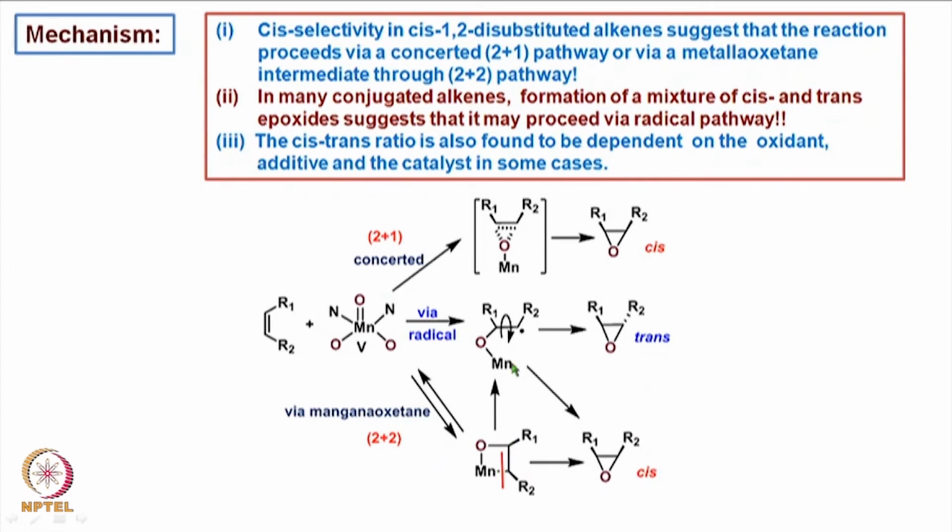On the other hand, it has also been found that in conjugated alkenes, a mixture of cis and trans epoxide is formed, and that suggests the possibility of a radical pathway, and that has been proposed in this particular manganoxetane type of pathway, that if this carbon manganese bond cleaves homolytically, then of course we can get a radical at this particular carbon atom, and that will allow a CC bond rotation here and eventually lead to the formation of the trans epoxide.